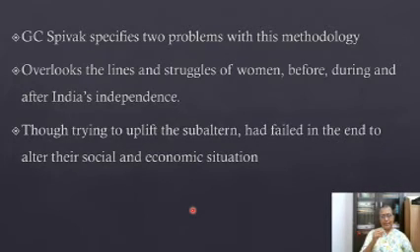So, this is something that is to be considered and studied in detail, and this in turn will try to uplift the subaltern, and their social and economic situation also will have to be changed.